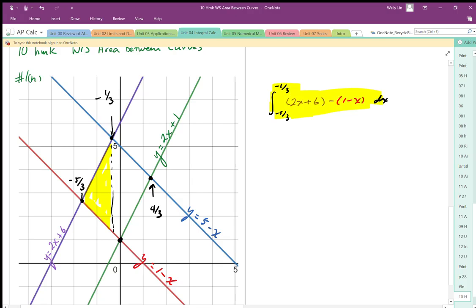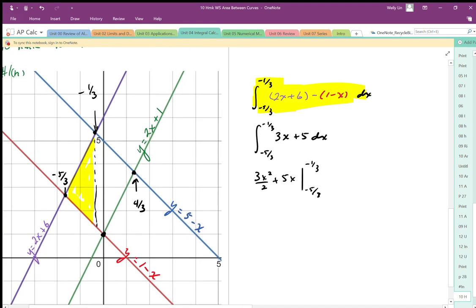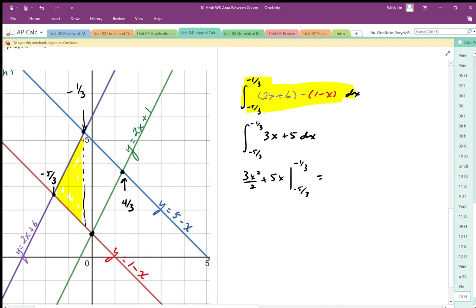Okay, and so working that out, we're going to end up with the integral from negative 5 over 3 to negative 1/3 of 3x plus 5 dx. So we end up with 3x squared over 2 plus 5x, from negative 5 over 3 to negative 1/3.